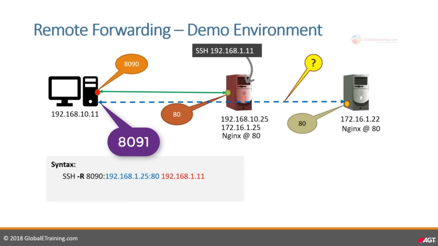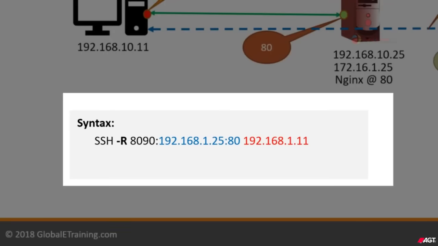And then we would create port 8091 on the .11 machine, and it's mapped to the Nginx port on 172.16.1.22. And the secret sauce for this is that all we have to do is use the -R option for mapping. And here is the syntax.